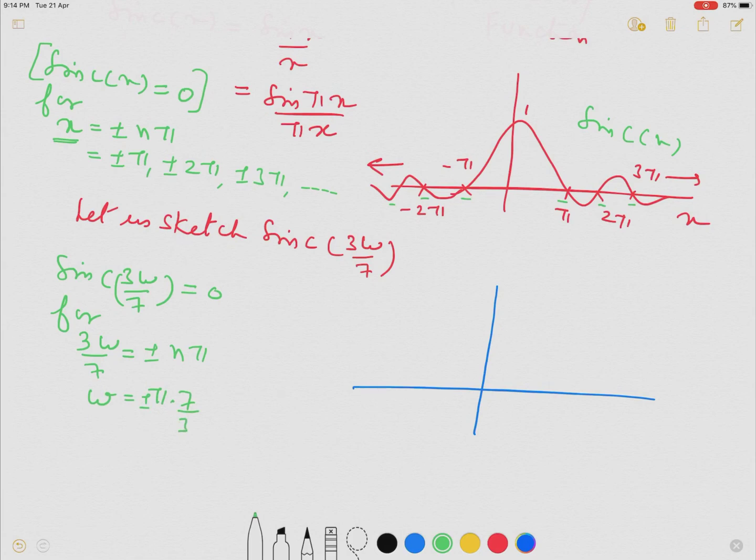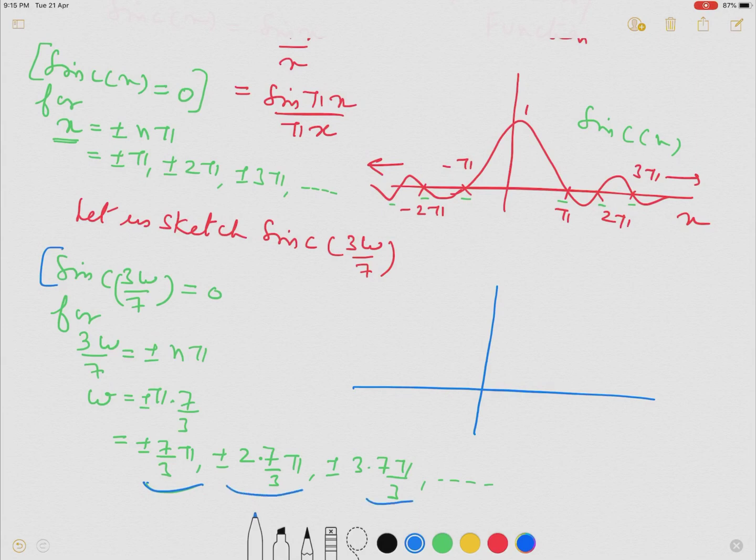That is, first it will be plus minus 7 pi by 3, second will be 2 into 7 pi by 3, third will be 3 into 7 pi by 3, and so on. Okay, so this indicates that this sinc function will be 0 at these values.